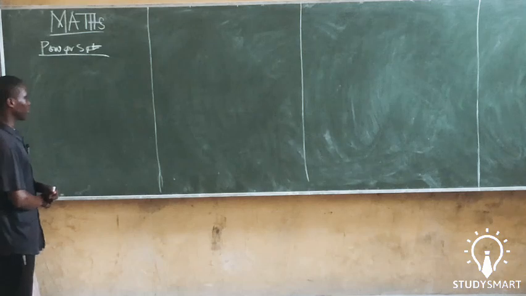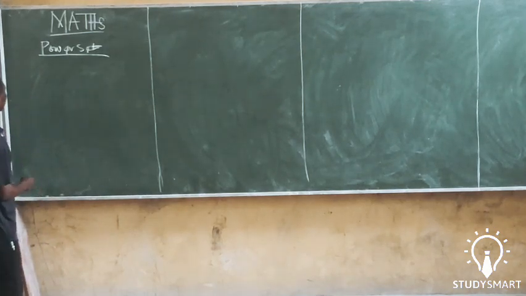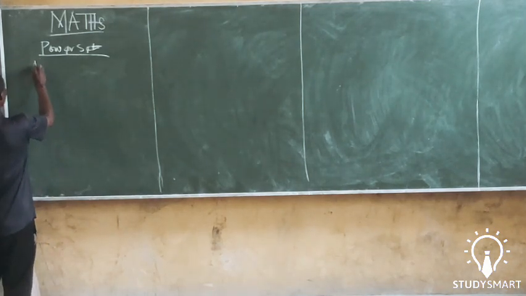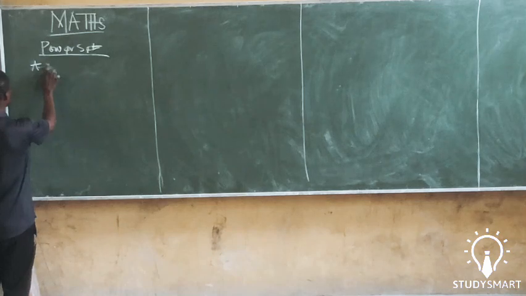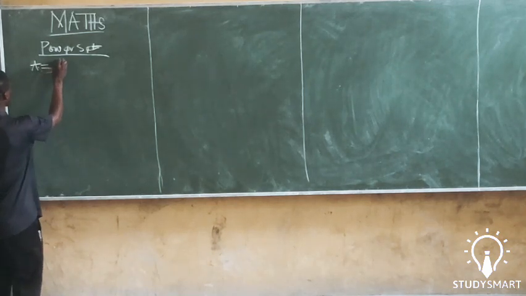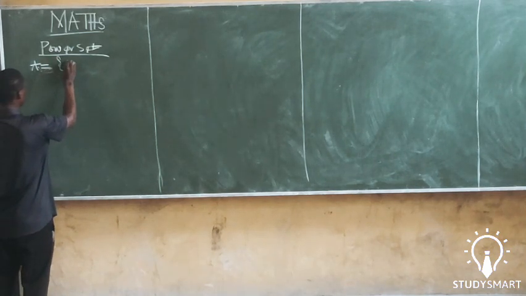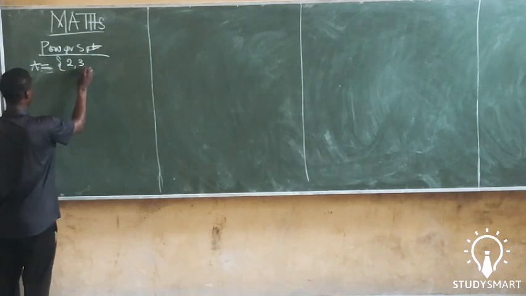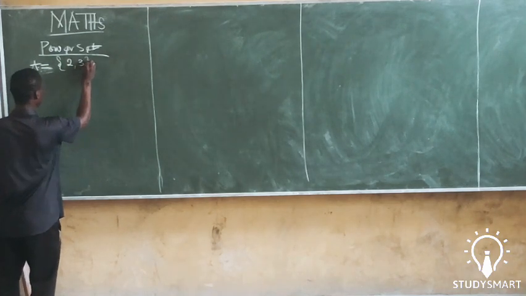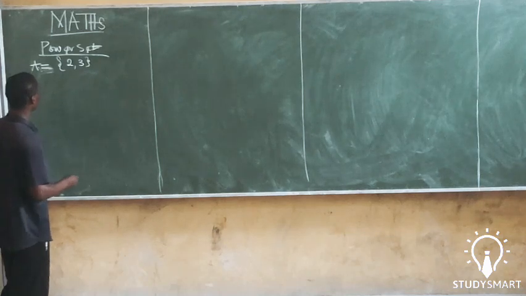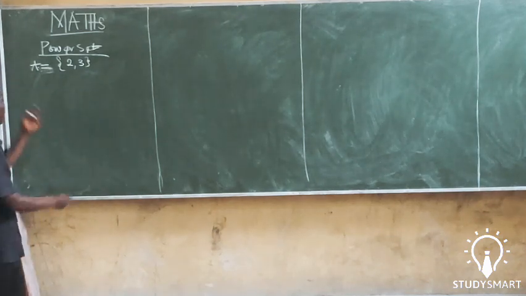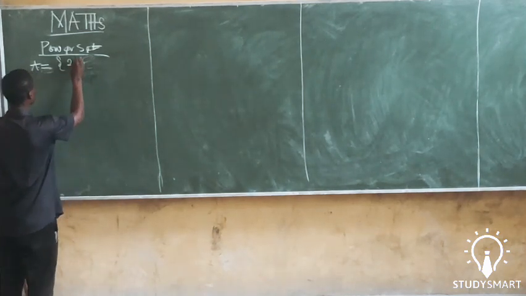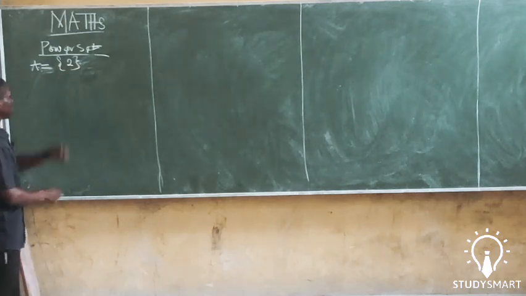What that means is that if I have A equal to the set of these numbers, 2, 3, let's start from this.